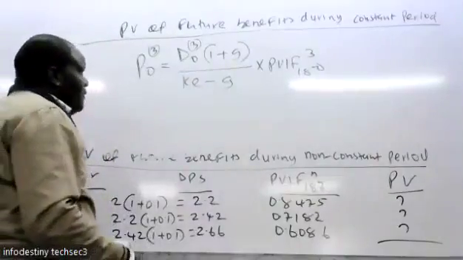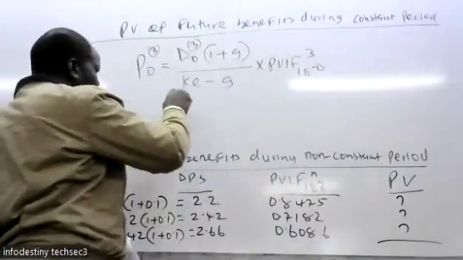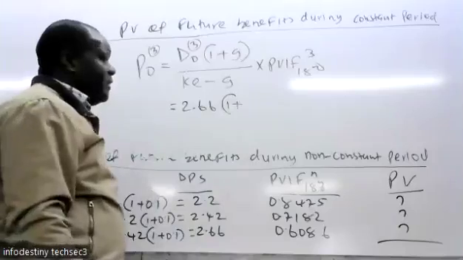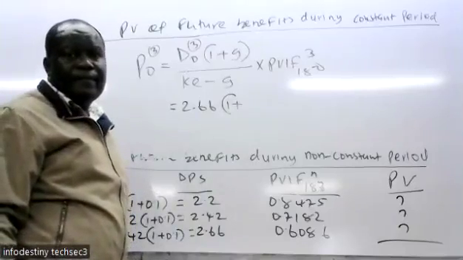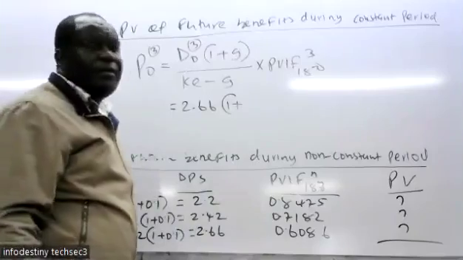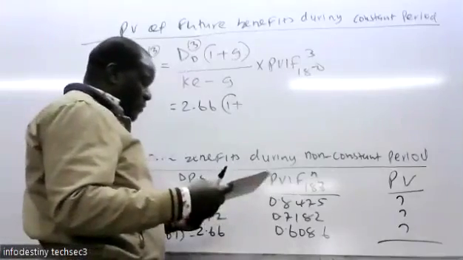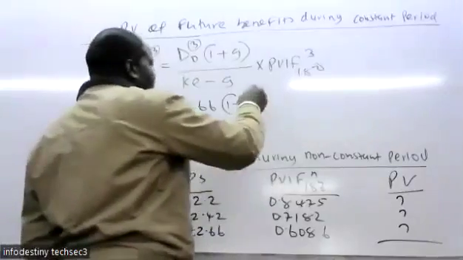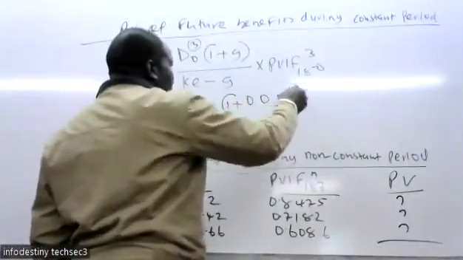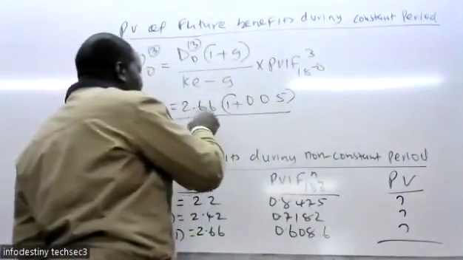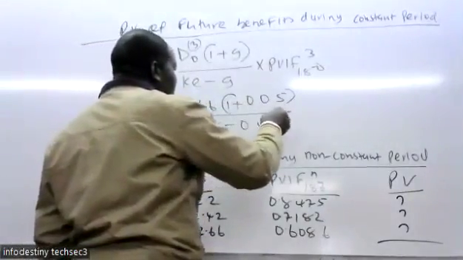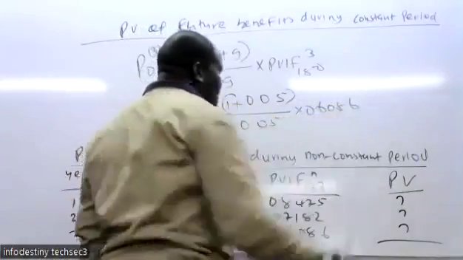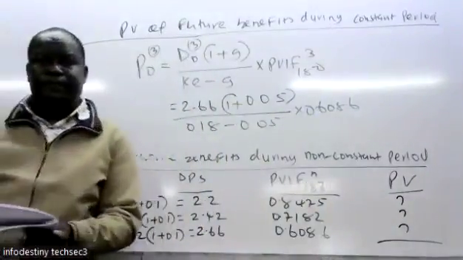So our dividend in year 3 was 2.66, but now it is growing at what percent? 5%. So the growth rate will now be 5% each year thereafter. 5% is the same as 0.05. So Ke is 0.18 minus 0.05. Also multiply by 0.6086. So get that value.